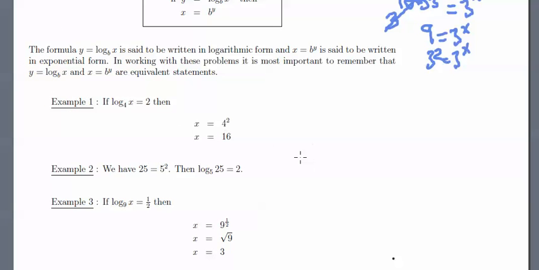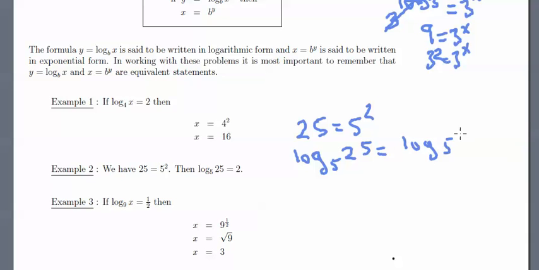If you take the log of 25 is equal to 5 squared, using log base 5, here you see log base 5 of 25. That's simple.